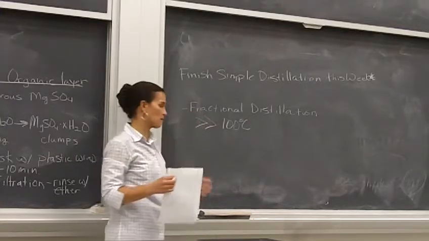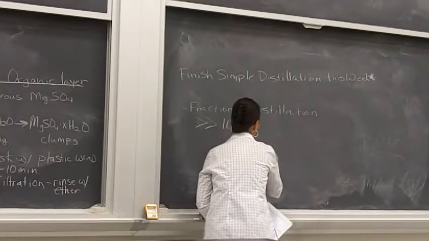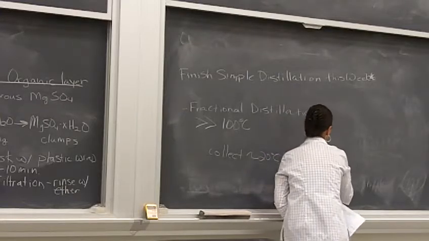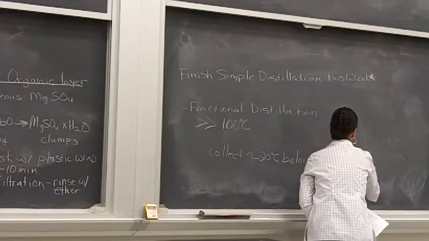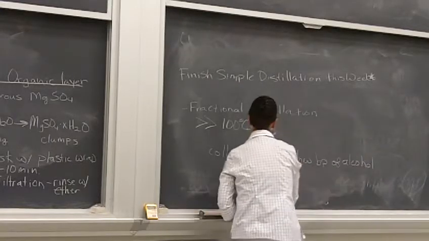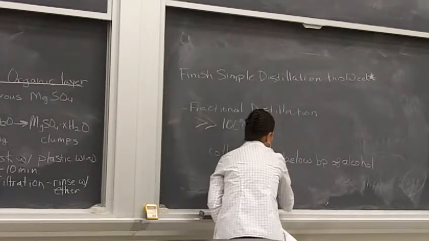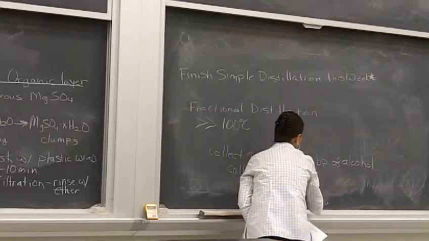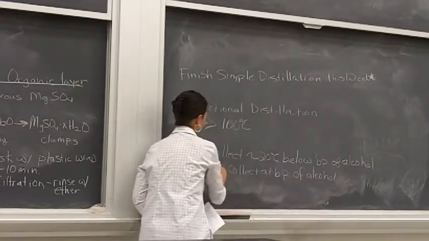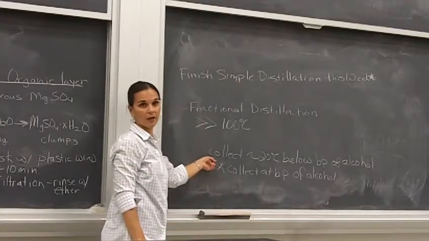So you'll collect 20 degrees below, and then collect a fraction at the boiling point of your alcohol. Probably the purest fraction is going to be this one, but we will actually end up using both of these for experiment 11, okay?